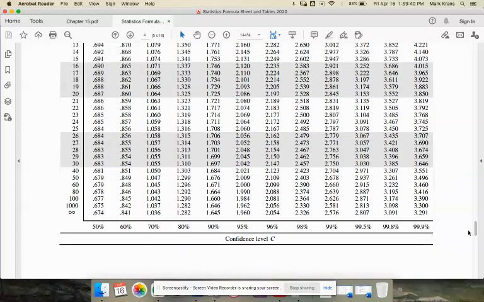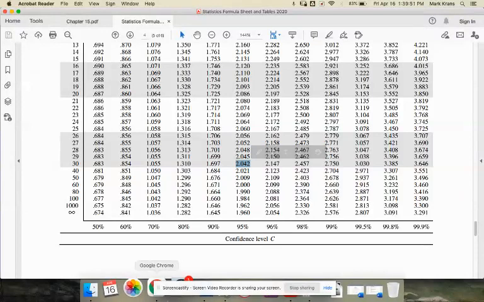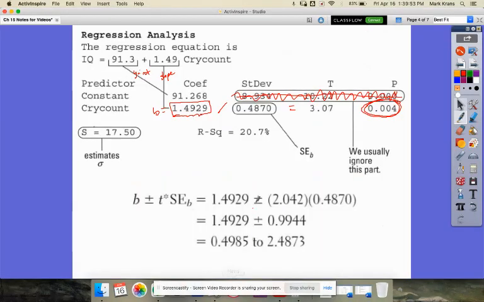If we want a 95% confidence interval, we do 38 minus 2, which is 36. But there is no 36, so I'm just going to go over to 30. At 95%, we see 2.042 is my t star. So there's the 2.042, and then my standard error is right here. Then I multiply and do plus or minus.